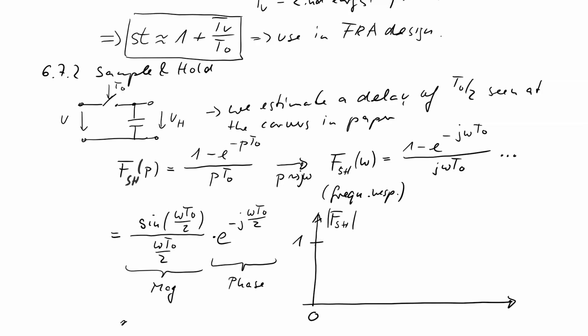That means the sample and hold block, if you sample fast enough, copies the input signal to the output signal. If the signal frequency omega is small compared with the sampling frequency, we are in this region.